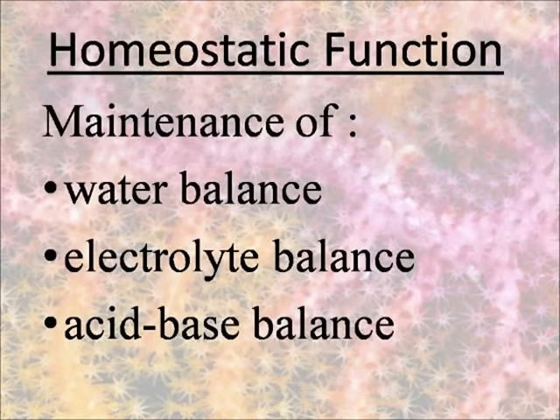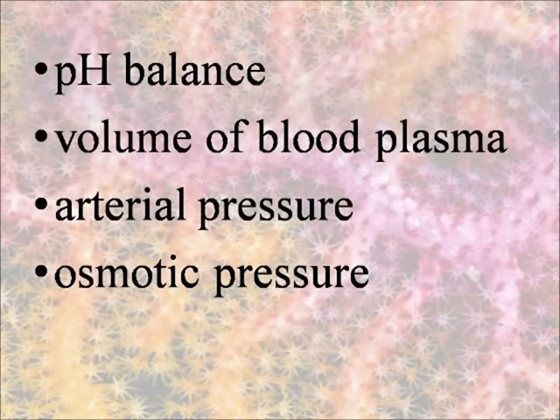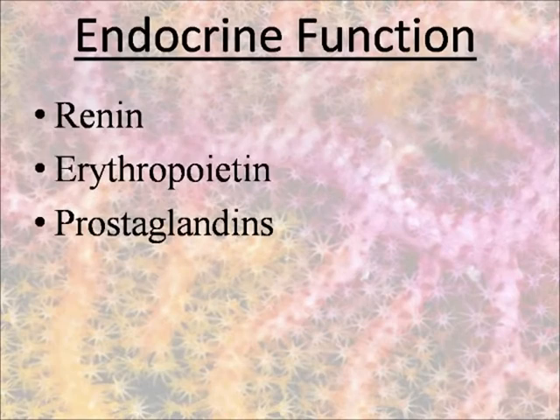For homeostatic function, kidney maintains the water balance, electrolyte balance, acid-base balance, pH balance, volume of blood plasma, arterial pressure, and osmotic pressure. For endocrine function, kidney secretes prostaglandins.